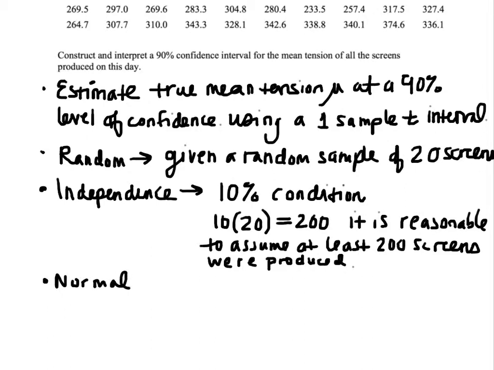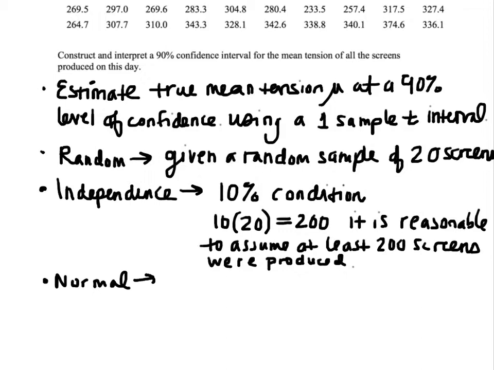When we're estimating means, we need the population to be normal, or we need to have a sample size of at least 30. You'll notice in this case, if you look at the sheet that I handed out to you in class, it doesn't say anything about the population distribution. But we also only have a sample of size 20, okay?